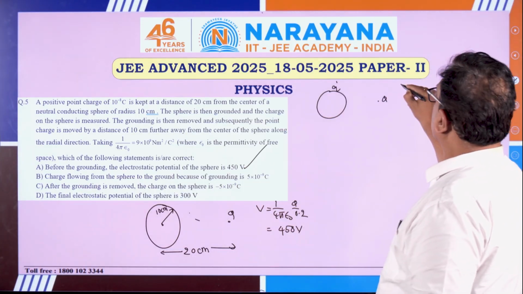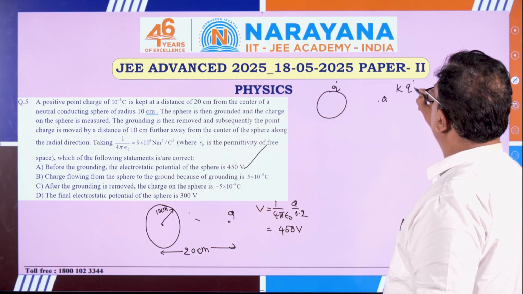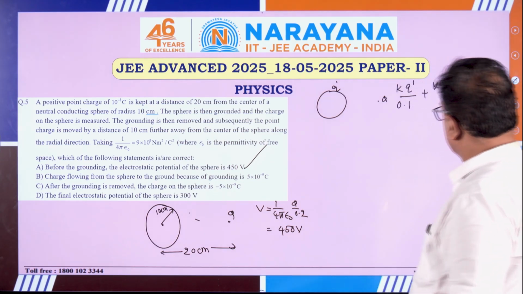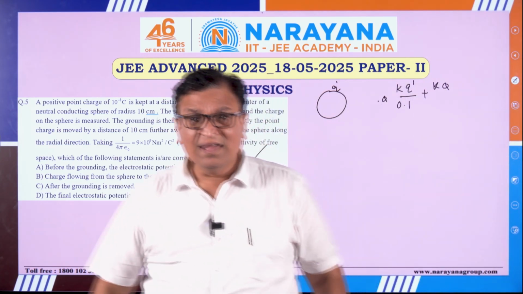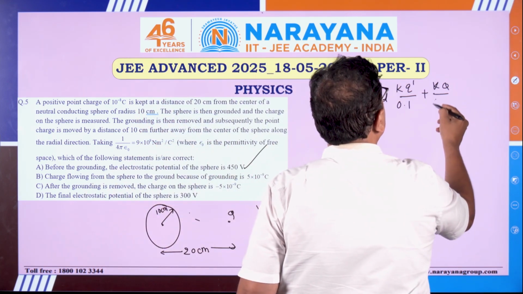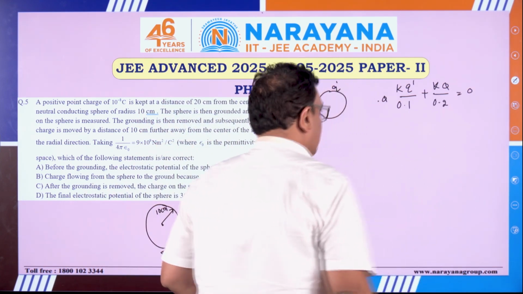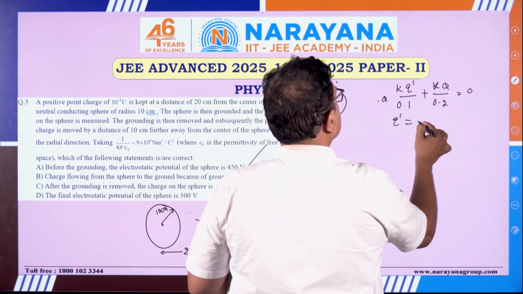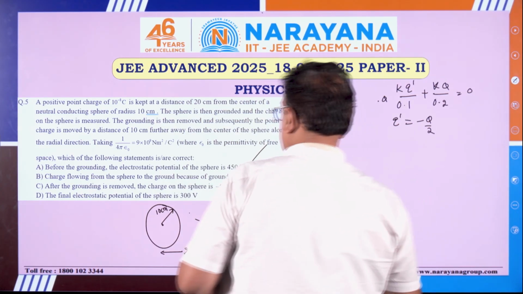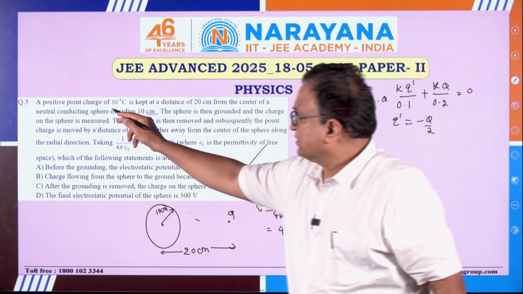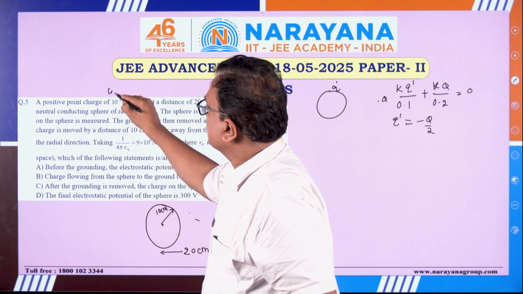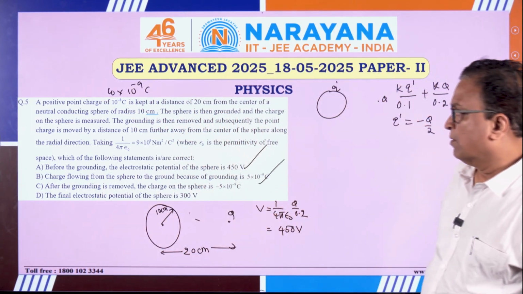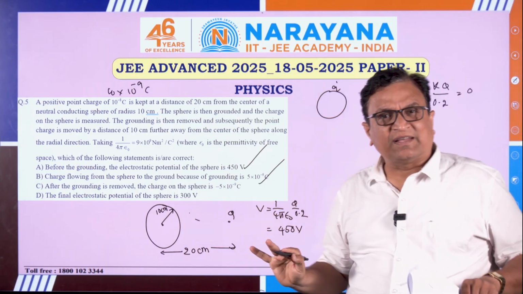Therefore, k q dash by radius 0.1 plus k q by 0.2 should result in 0. Now this relation allows you to write q dash as minus q by 2. So if you took this as 10 into 10 power minus 9 coulomb, obviously this is minus 5 into 10 power minus 9 coulomb.